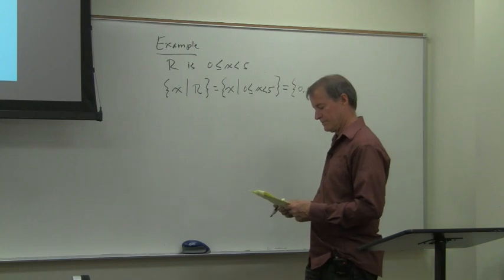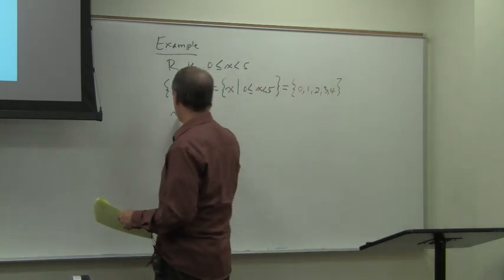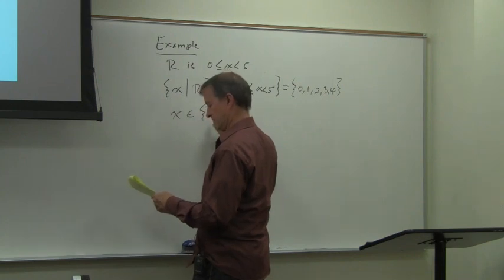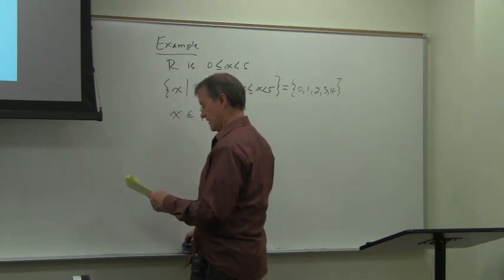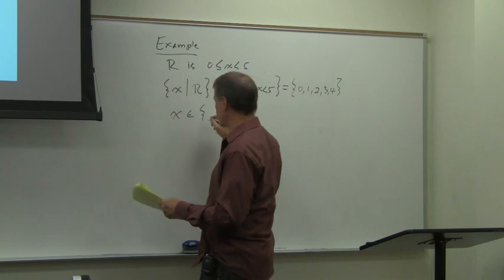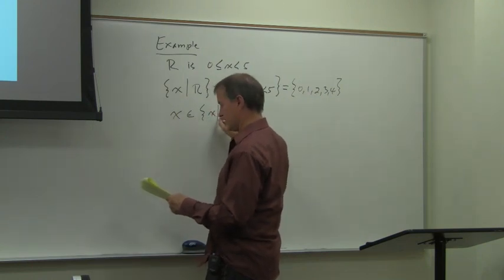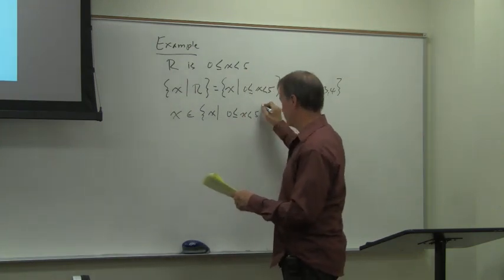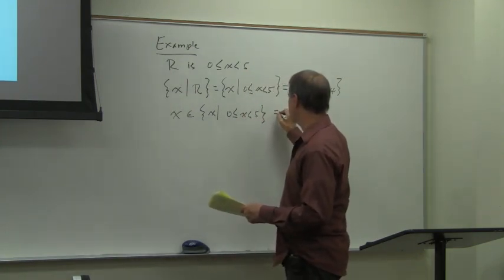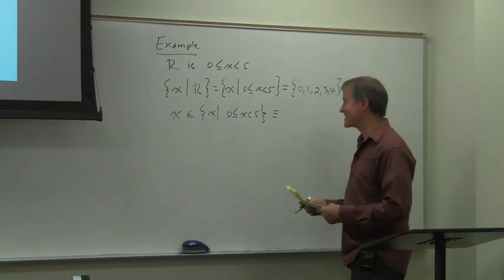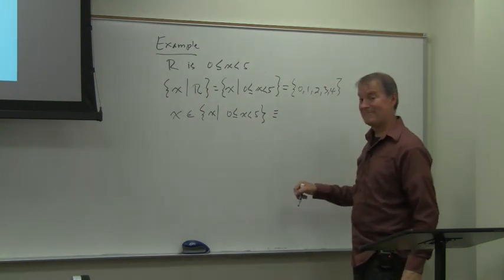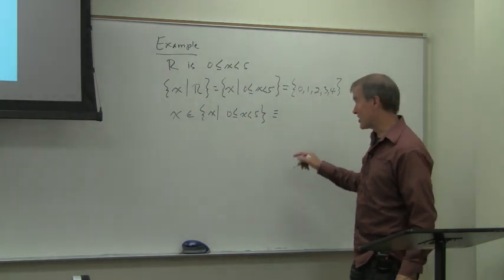Right? So what does it mean for x to be an element of the set over x, 0 less than or equal to x less than 5? What does this equivale? It equivales the range. Which is what?